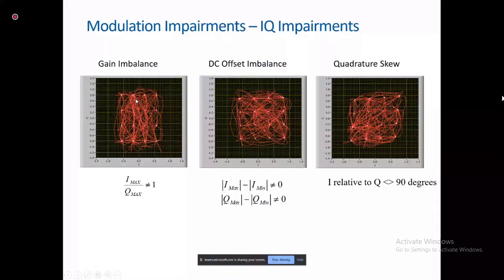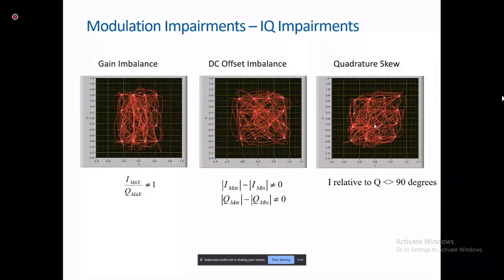In DC offset imbalance, you can see that the x-axis is not at the center, the constellation is not at the center, whereas the y-axis seems to be at the center. And quadrature skew looks like someone has pulled it from both corners. That is, the phase difference between I and Q is not exactly 90. There is some other number present over here.